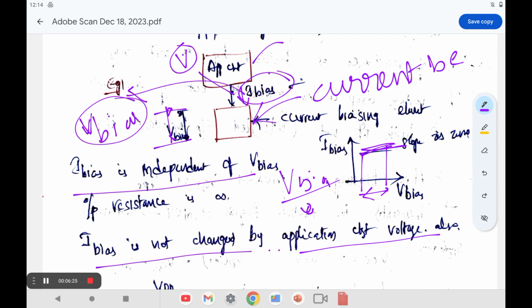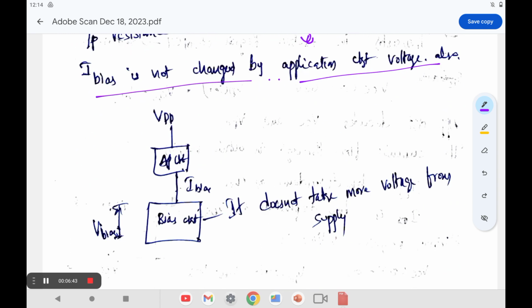At the same time, the biasing current does not depend on this voltage either. So irrespective of this voltage or my biasing voltage of the corresponding circuit, it produces a constant current source. That is very important. That is the second rule. Okay.